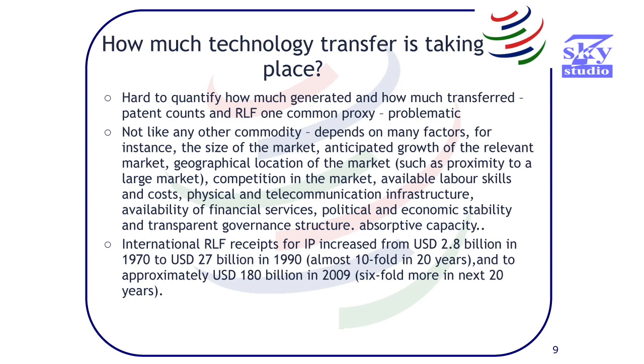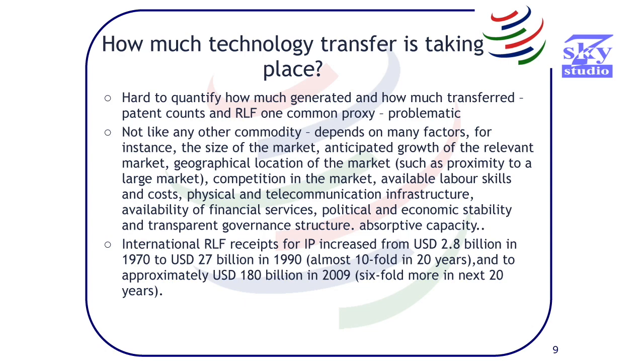And then the second indicator that other people look at are royalty and licensing fees and the flow of these fees across borders. So that's a second one. Again, there you have royalty fees. That's again relating to only one form of technology transfer, obviously, the licensing out through formal licensing agreements.